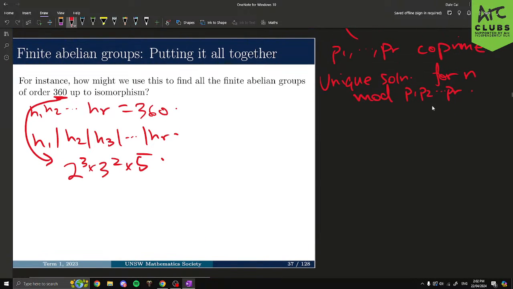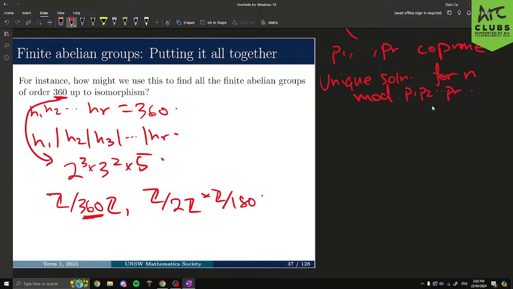Then one possible group would be Z mod 360Z, just because there's only one thing here, so this part holds, and they all multiply to 360. Another one we could have is, let's say we start off with Z mod 2Z, then we need to chain it up. I need to find something that is a multiple of 2. For example, I could use just whatever's remaining, Z mod 180Z.